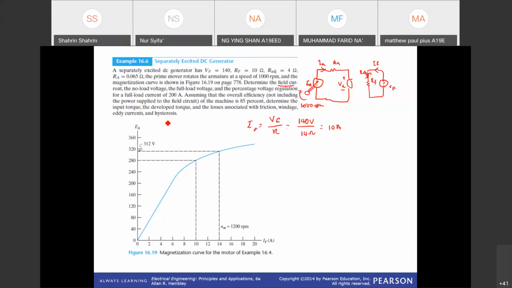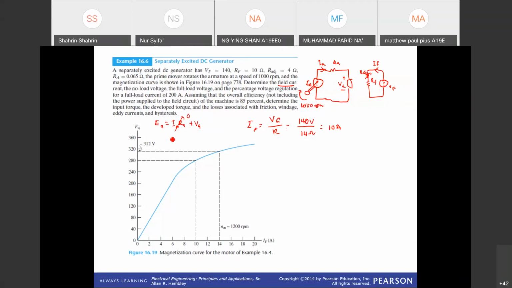So you need to look at the armature circuit right now. From the armature circuit, we know that your voltage source EA is equal to IA RA plus VA. So when you say that there is no load, meaning that your circuit is disconnected from the load here, IA is 0.